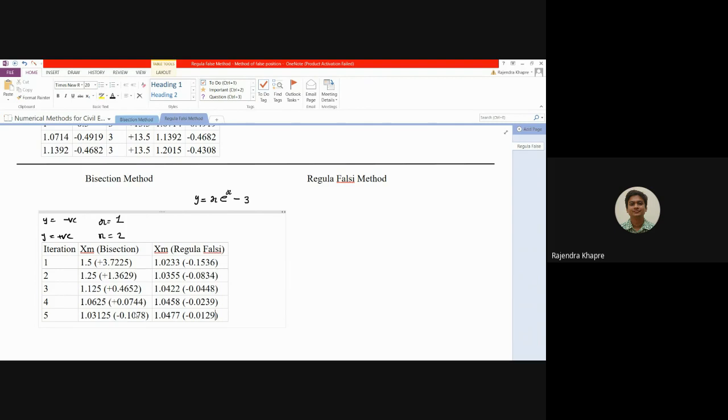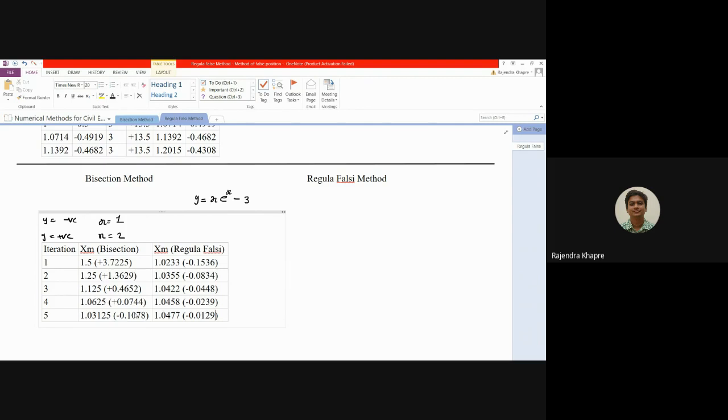If you talk about just 4 iterations, forget about the fifth iteration, in 4 iterations you are getting a more accurate result in the regular Falsi method, because the value of y in the regular Falsi method is 0.02, whereas after the fourth iteration the value of y in the bisection method is 0.07.